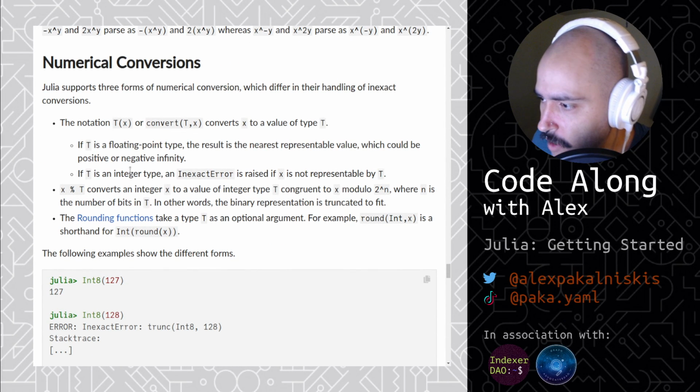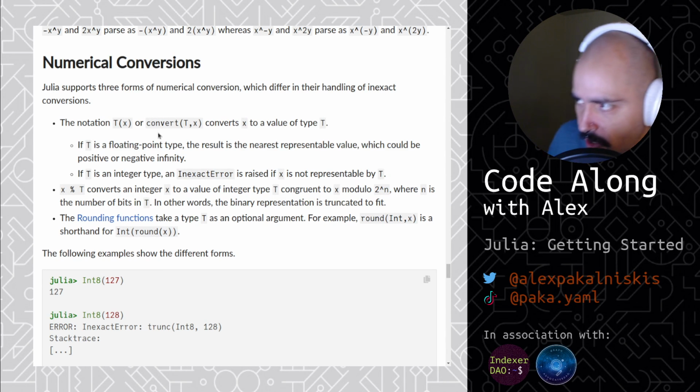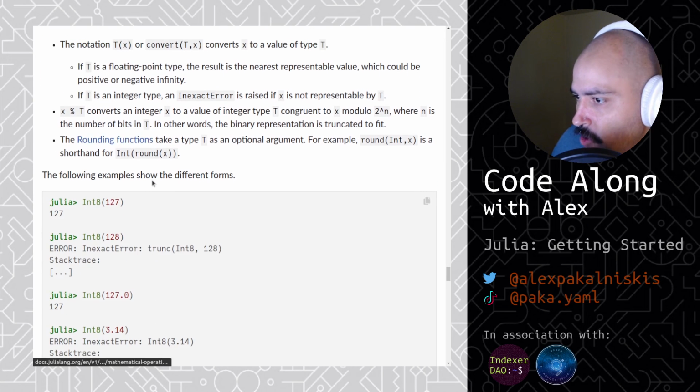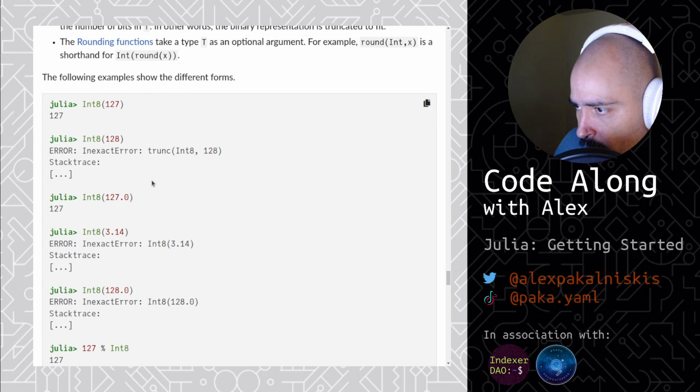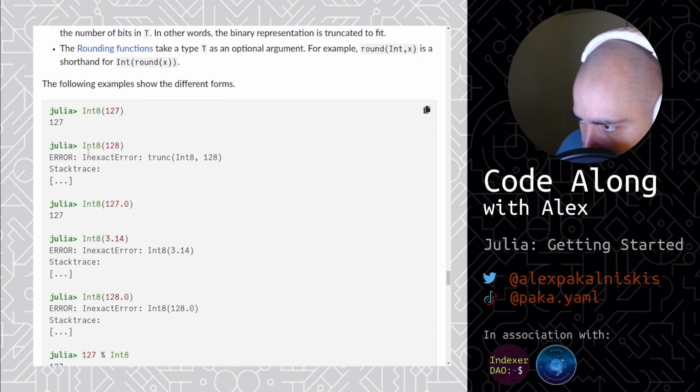You can do some numerical conversions. We did a little bit of this typecasting earlier, but I guess this section will go more in depth. You can see how rounding is applied to values.